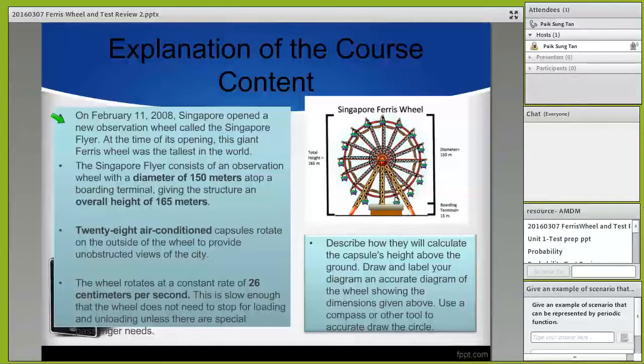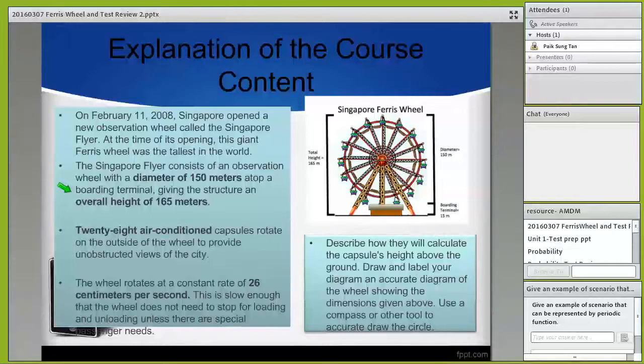The Singapore Flyer consists of an observation wheel with a diameter of 150 meters atop a boarding terminal, giving the structure an overall height of 165 meters. Only the platform itself is 15 meters tall.